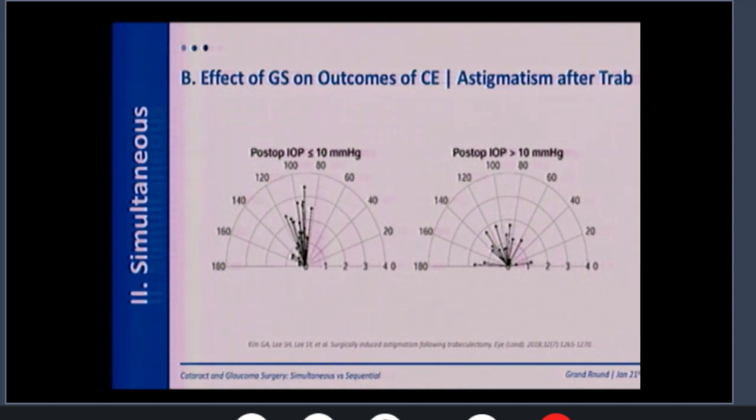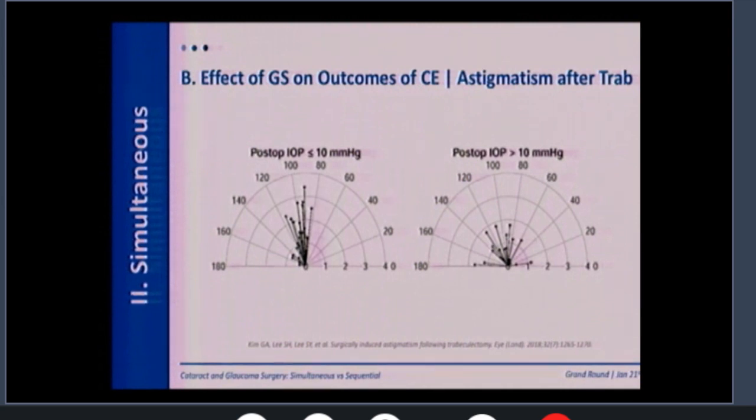Those are patients that had IOP less than 10, and those are patients that had IOP above 10. This is a vector display where this represents the degree, and this represents the amount of astigmatism. You can see patients that have lower IOP have a higher amount of astigmatism compared to patients that have IOP of more than 10.